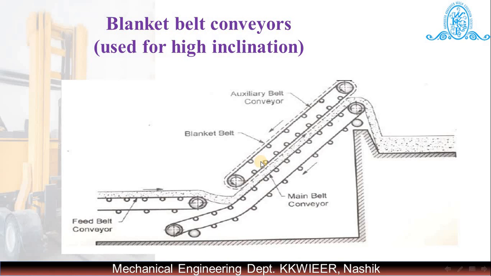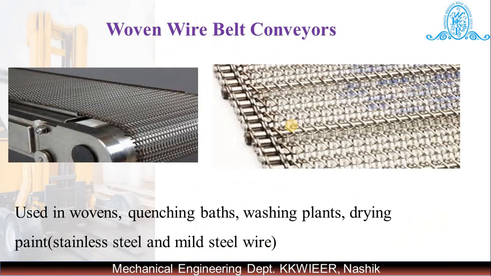An inclined type, or blanketed type, of conveyor system is also required whenever material is to be transferred from bottom to top. To avoid slippage, we add another blanketed type of conveyor system over there. Next is the woven type, which consists of a net or mesh type of conveyor system.